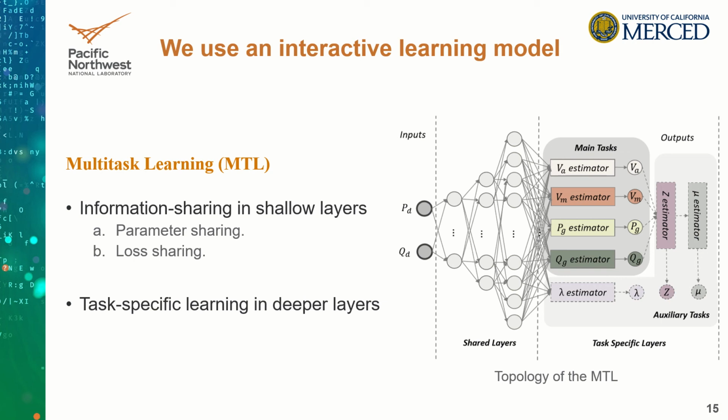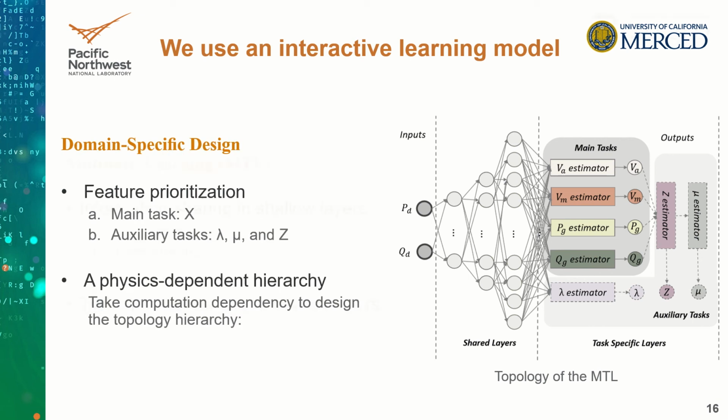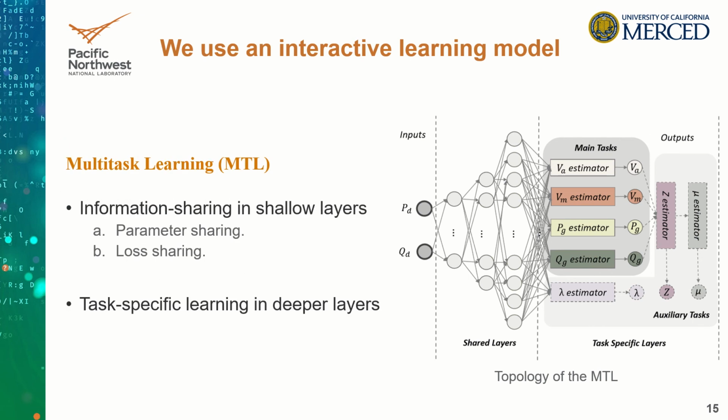In the shared layer, the parameters are shared with some connected neurons, and all tasks will share the common loss function. The loss function is used to guide the model training for accurate outputs. Also, we will apply some customized design for the neural network topology to each task.